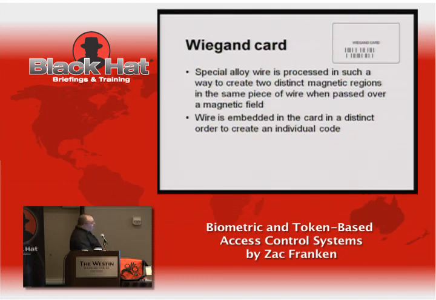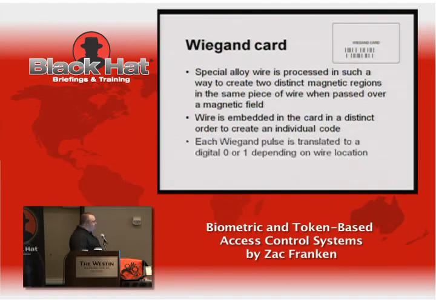And they lay these little snippets of Wigand wire out in a pattern like this to create their code. So basically on the top you've got the ones, and at the bottom you've got the zeros. And as you swipe it through, you get your bits read off the card.